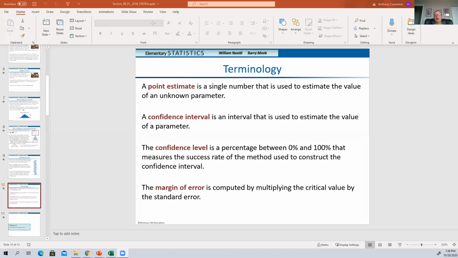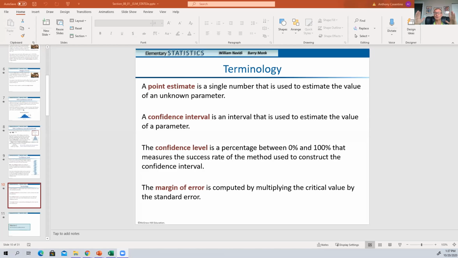So, reviewing some new terms. The first one is the point estimator, which is going to be the sample mean. The mean is what we're going to be dealing with for many weeks to come. The confidence level will be given as a percentage, and you'll think about it as the mean is in the center, right?